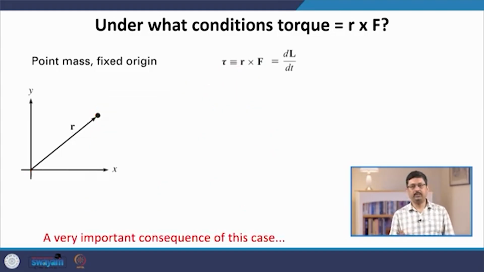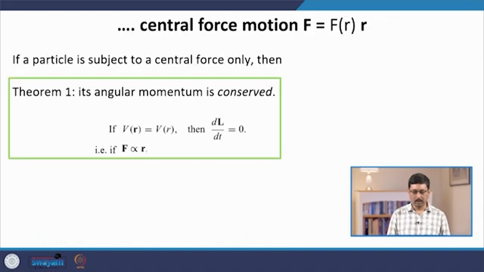Now, before proceeding further, let me discuss a very interesting and very important consequence of this particular case of a point mass. We are talking about central force motion, that is, a particle subjected to a central force. What is a central force?